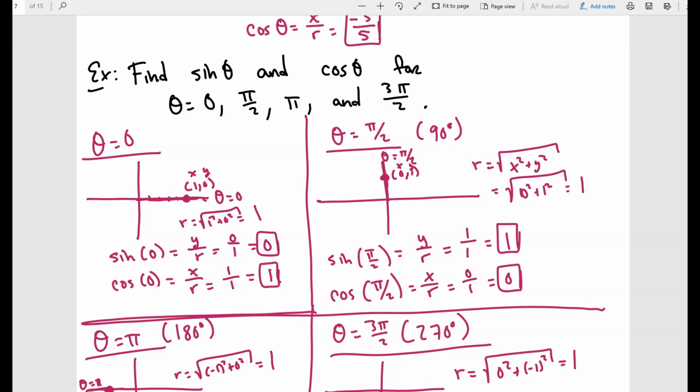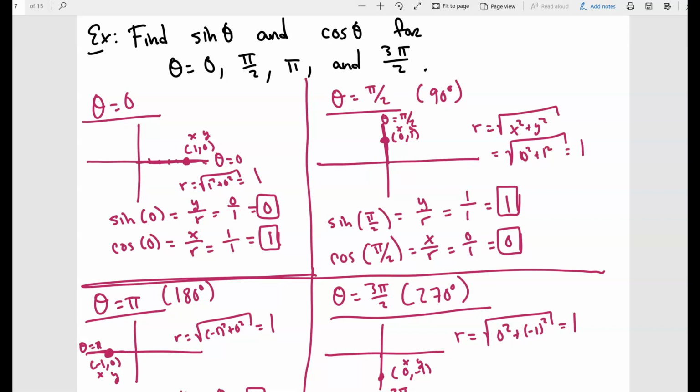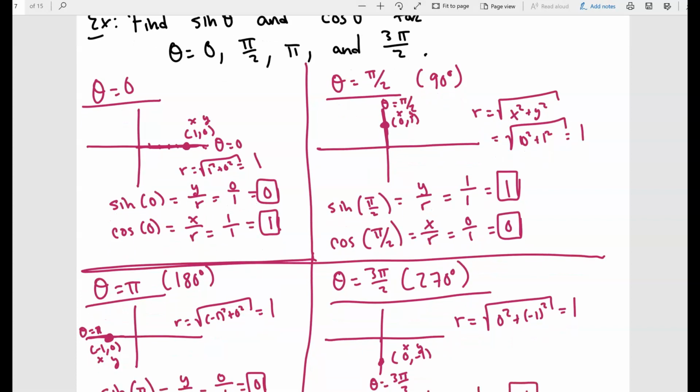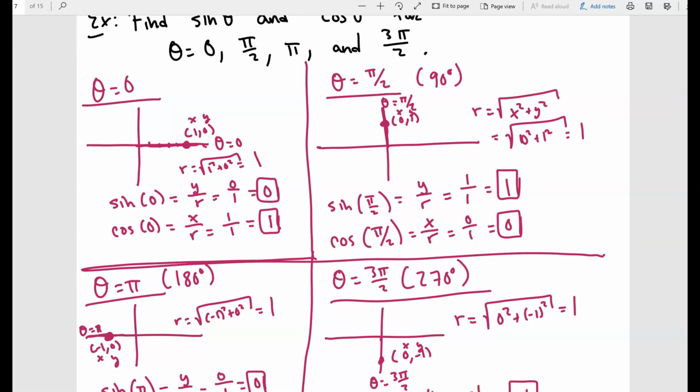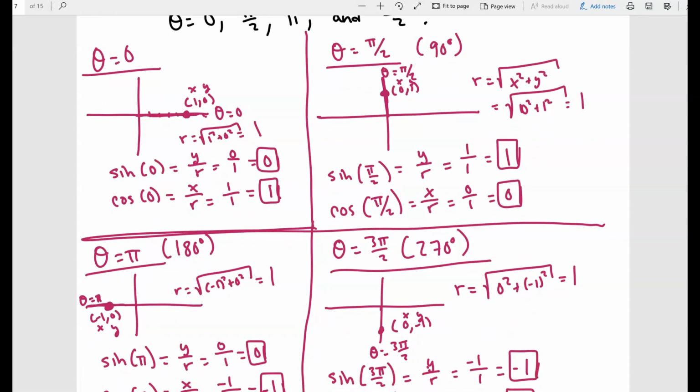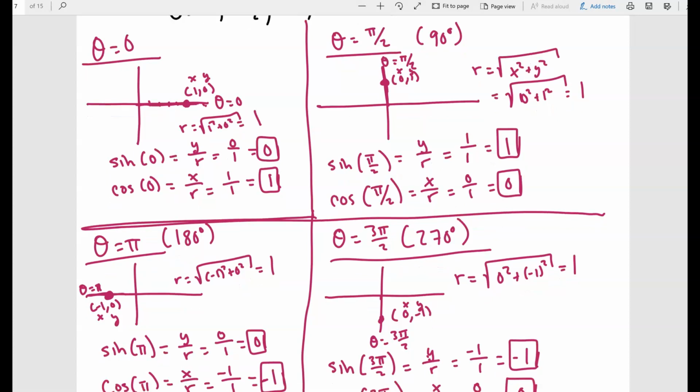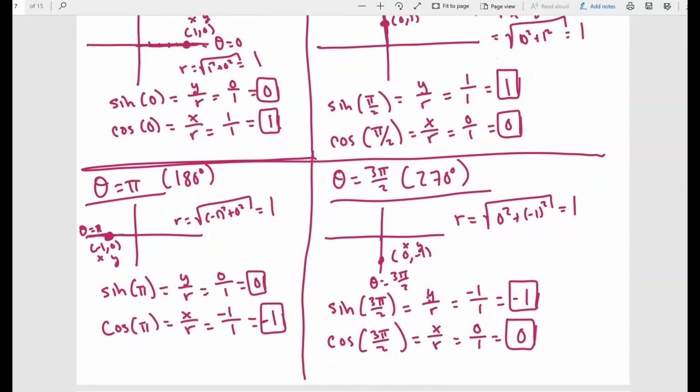But yes, your calculator will do these problems really, really easily, but for an exam you would want to show all of these, and I'll also show you a different way to do them, and also deriving something called a unit circle. So in the next video we'll do a couple more problems like this that might be a little bit more complicated.